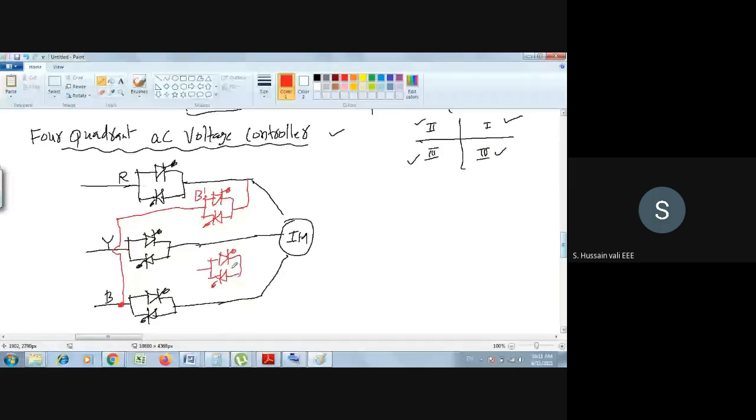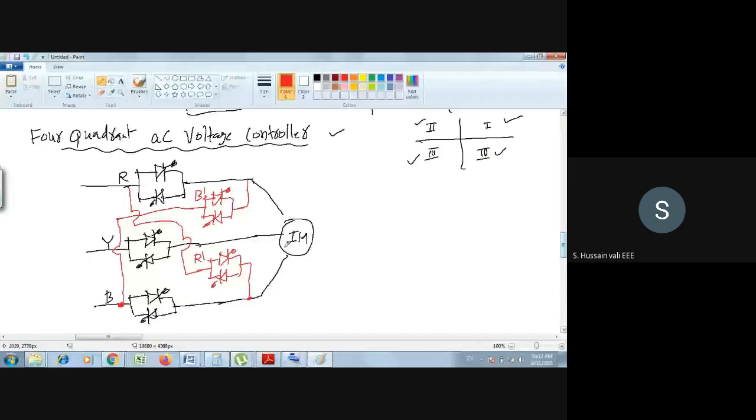Then this we call R dash, so it should be connected to R. How can I connect this to R? Yes, now you see.